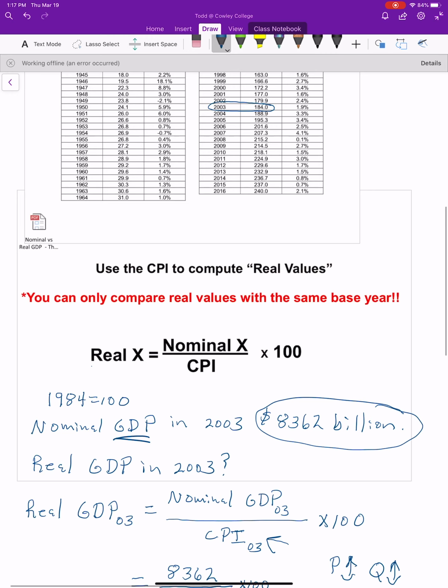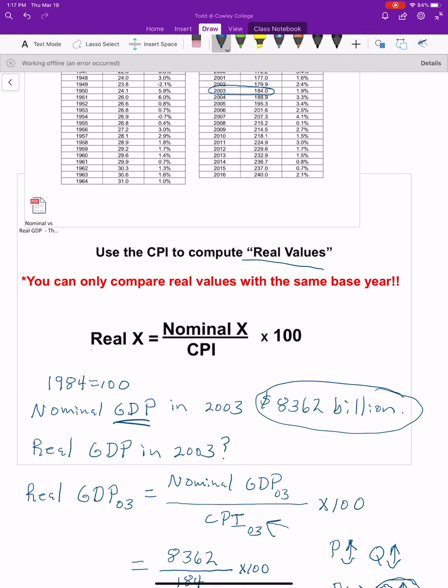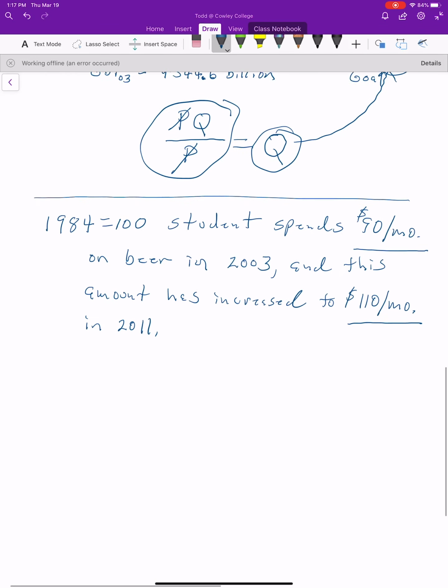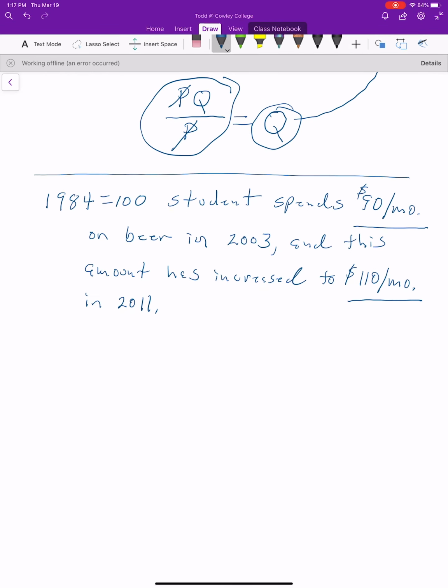And what you have to understand is you can only compare real values that have the same base year. So when you have two nominal values like this, it doesn't really give us any information at all. We want to know, did this person really consume more beer? So here's what we're going to have to do. To find that out, we're going to have to do two calculations.